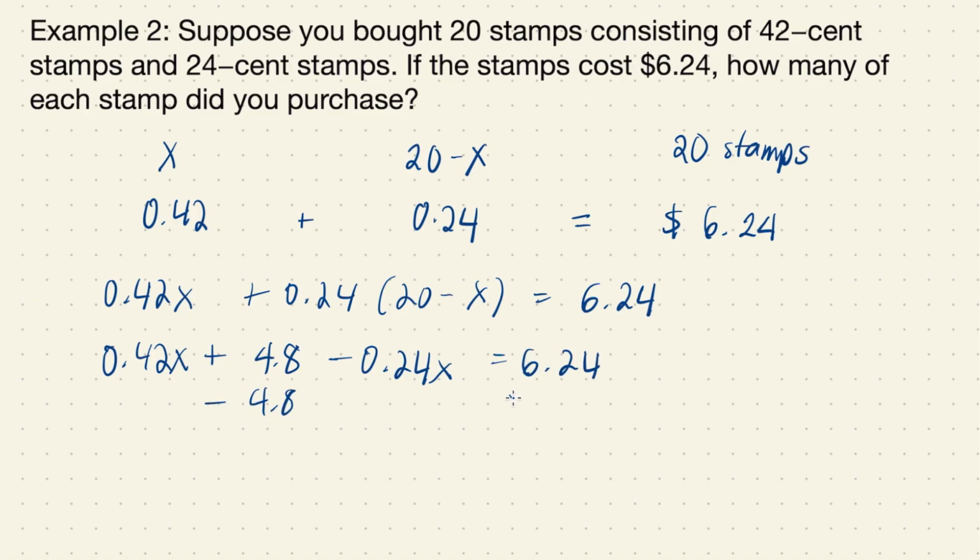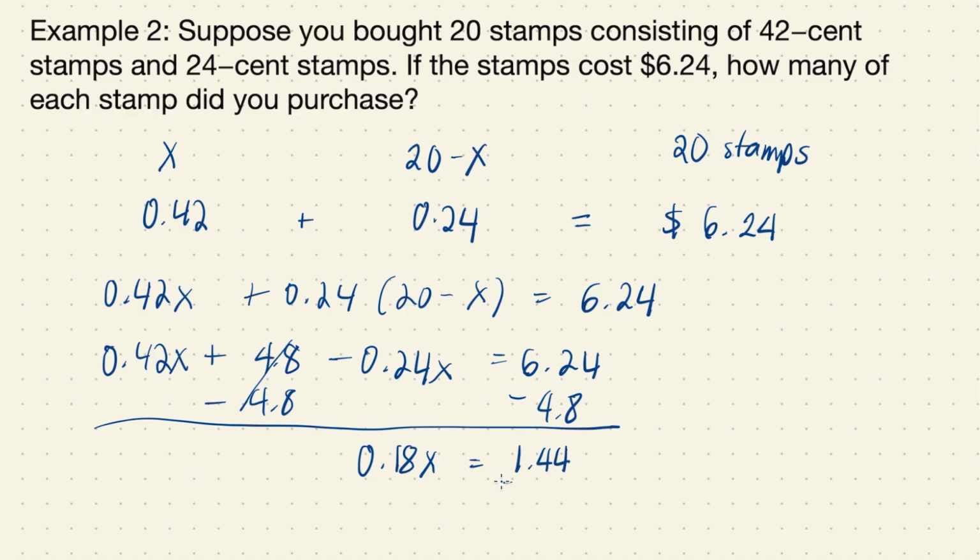Subtract 4.8 on both sides. This will cancel out. Combine like terms, 0.42 minus 0.24. So that is 0.18. And then 6.24 minus 4.8, that is a total of 1.44.